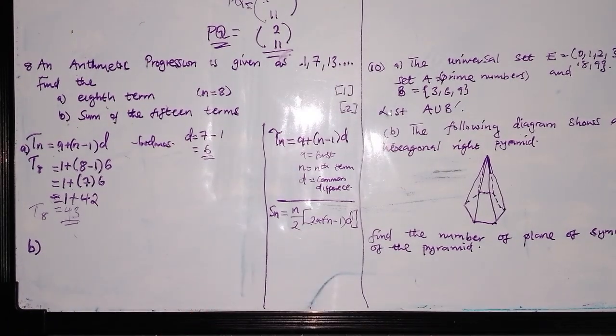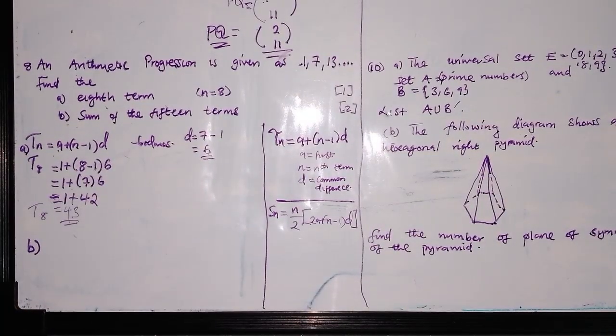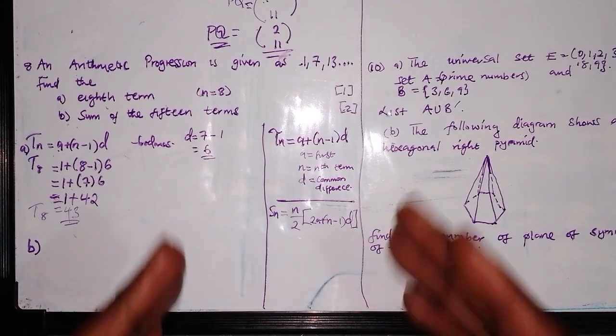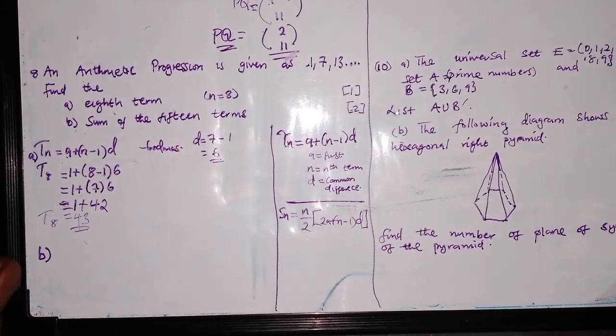That's the only thing which they have added to the sum. So if you understand first the normal formula, it will be easy for you to understand the second formula. Of course I won't mention what the terms mean. I've already told you a is the first term, n is the position of the term we are calculating for, d is the common difference, and the S here stands for the sum.